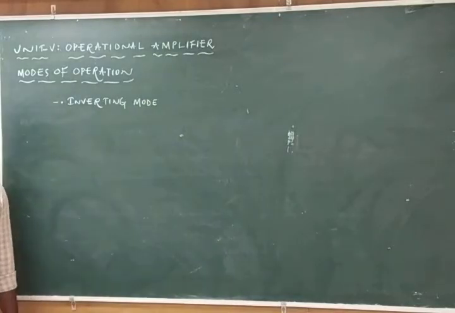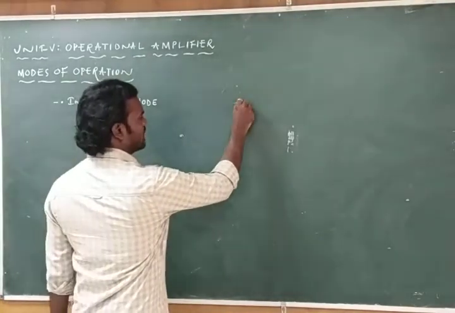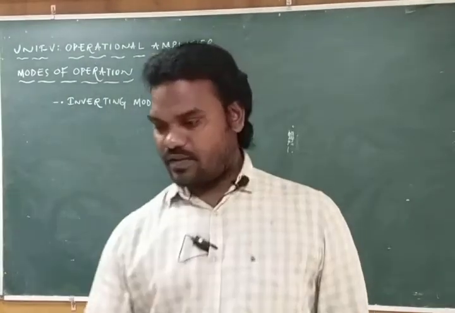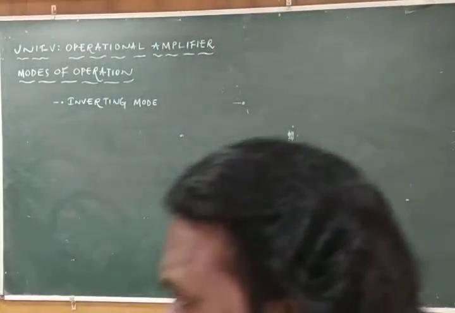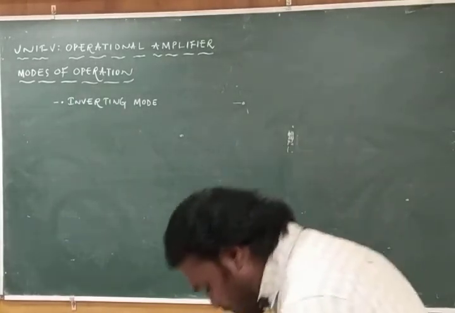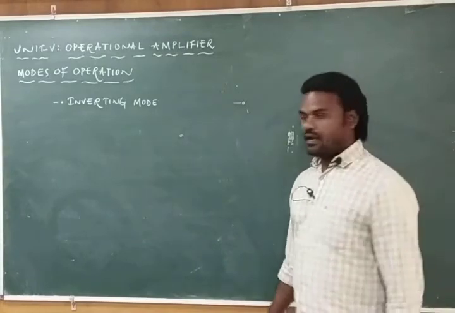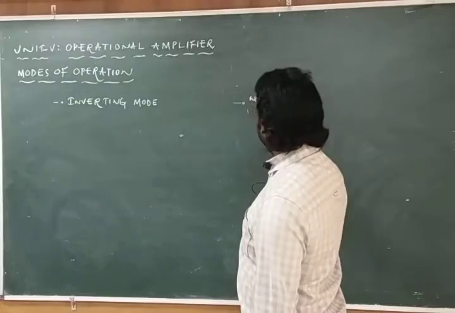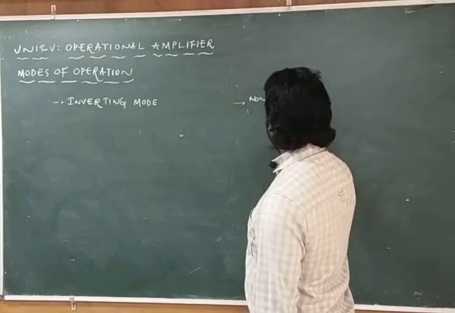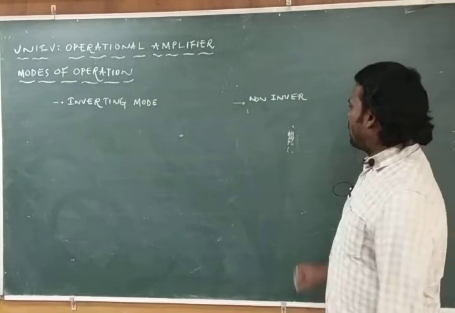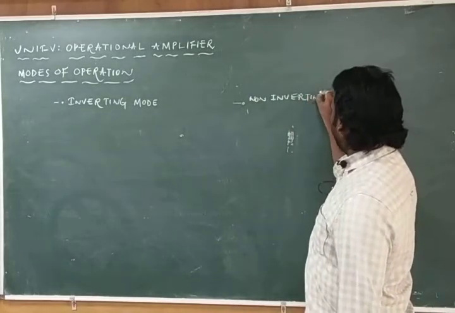Second is the non-inverting mode of operation. Inverting means we give the input voltage at the inverting terminal, and non-inverting mode means we give the input signal at the non-inverting terminal of the operational amplifier.